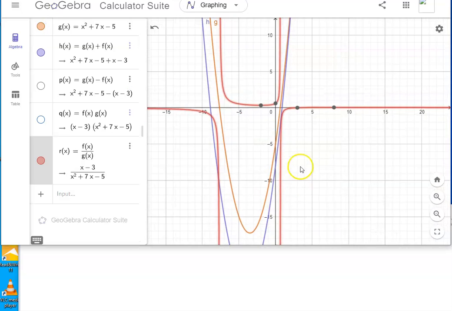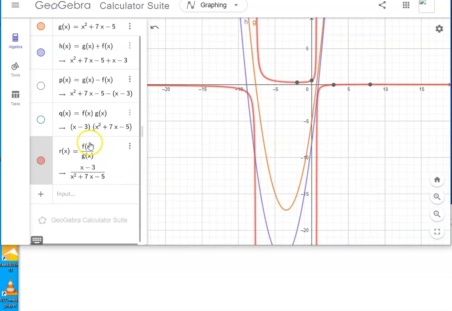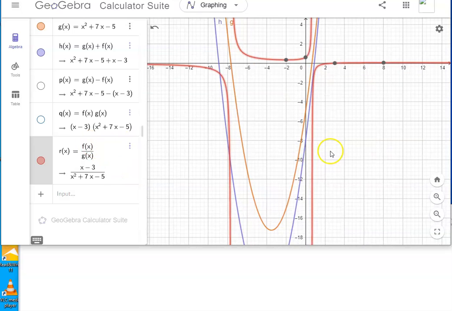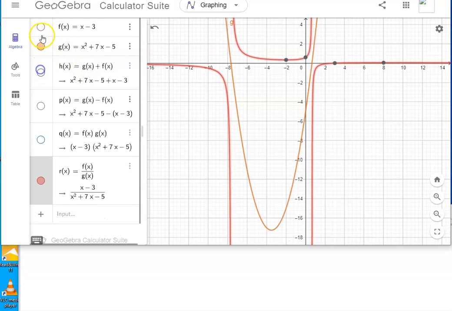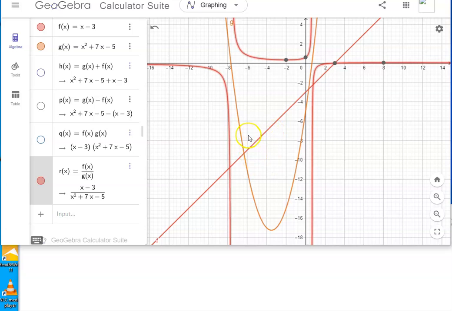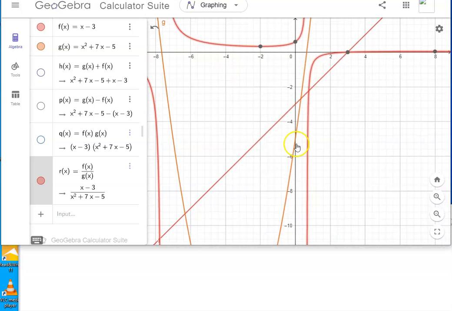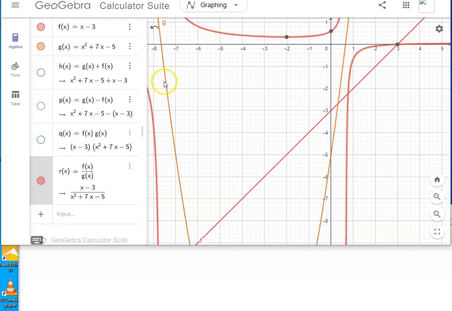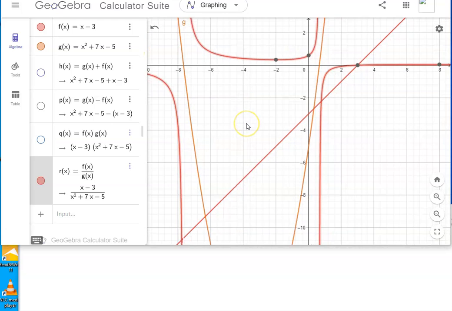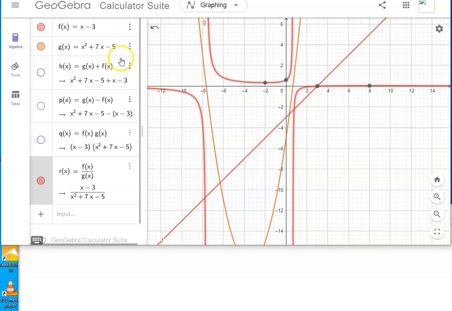What's going on here? When I divide f of x over g of x, remember g of x is that parabola. When that parabola hits 0, I'm dividing by 0, and things go crazy, where g of x comes out to be 0, here at about 3/4, and down here at around negative 7 3/4. Look at what happens when I'm dividing by that g of x.